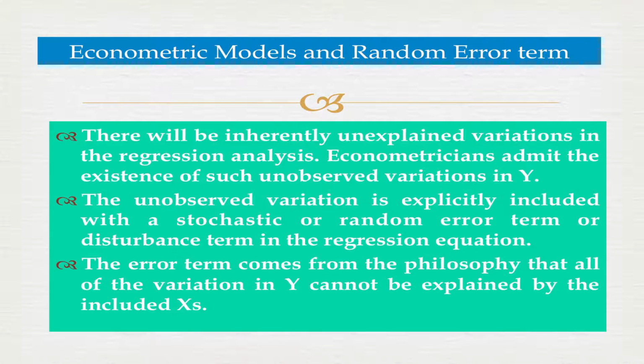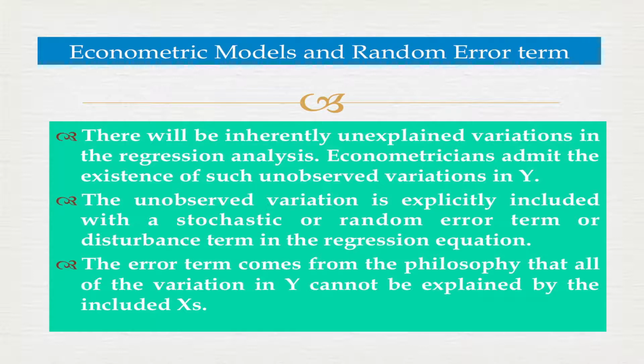There will be inherently unexplained variations in the regression analysis. Econometricians admit the existence of such unobserved variations in y. The unobserved variations are explicitly included as a stochastic or random error term or disturbance term in the regression equation.